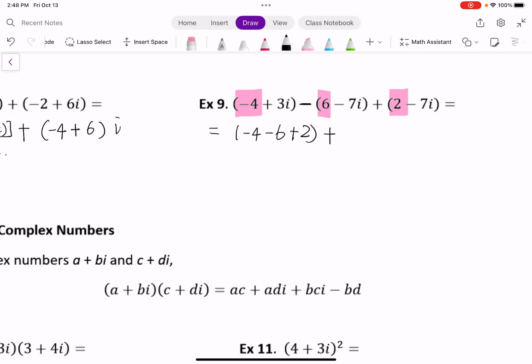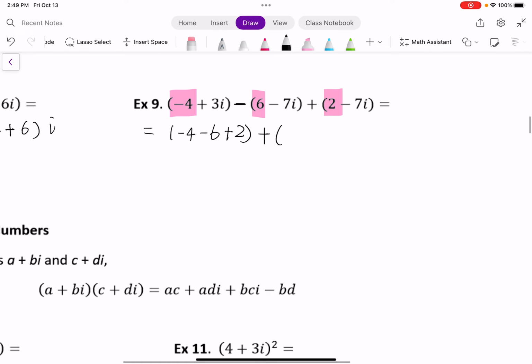And plus the imaginary number part, we are using 3. This is minus negative 7. So maybe we can keep the sign. Minus negative 7. Then plus negative 7. Don't forget this is the i part.